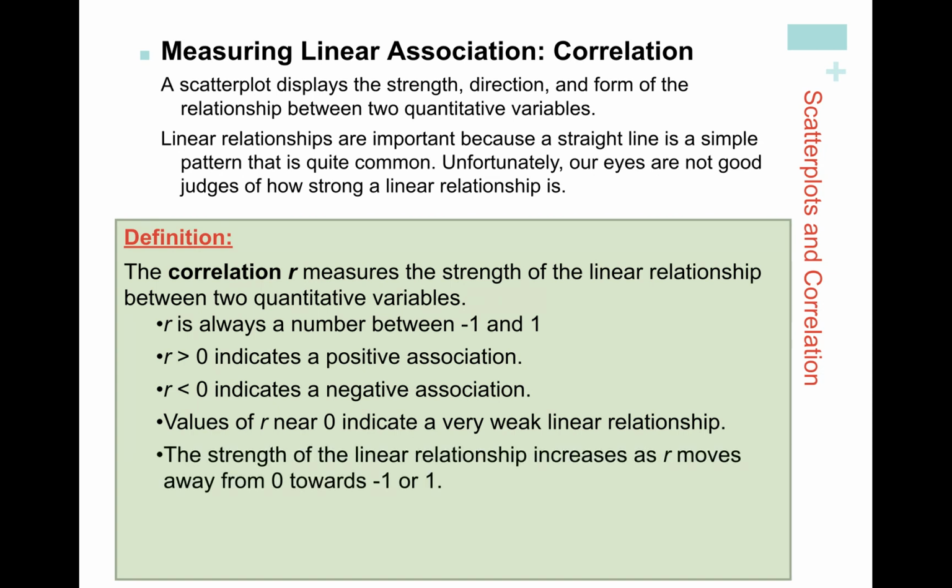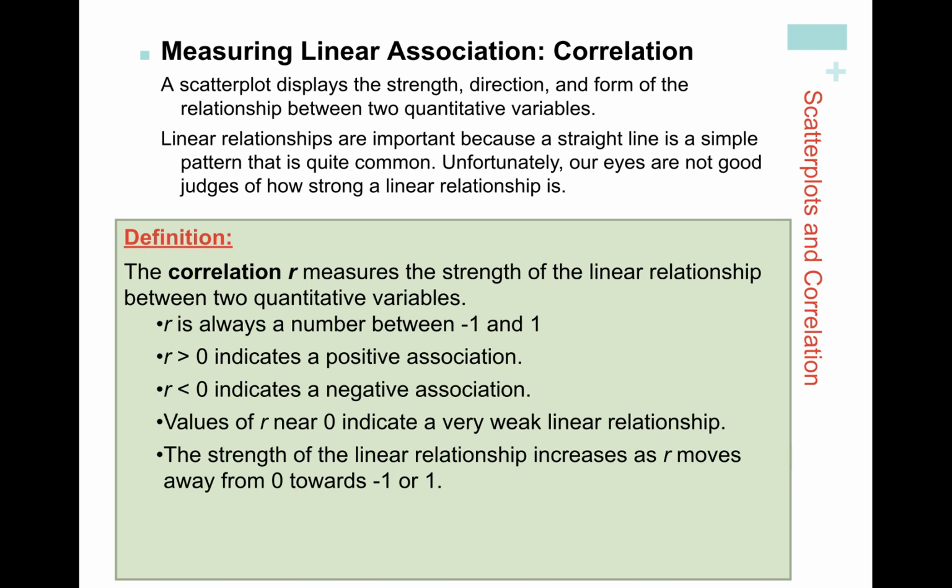The strength of the linear relationship increases as r moves away from zero towards -1 or towards 1. -1 and 1 are the limits. If r equals -1, that means the negative relationship is extremely strong, like all the dots would line up on a negatively sloped line.